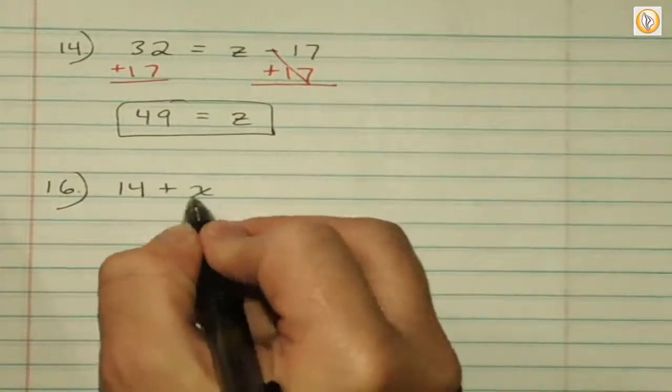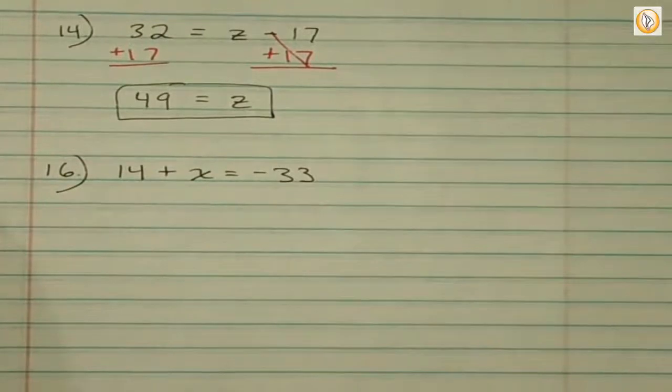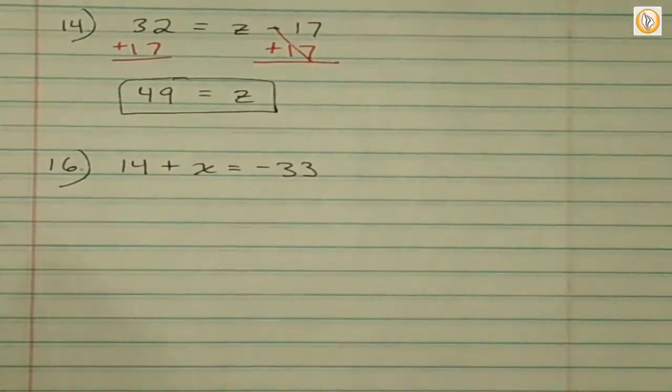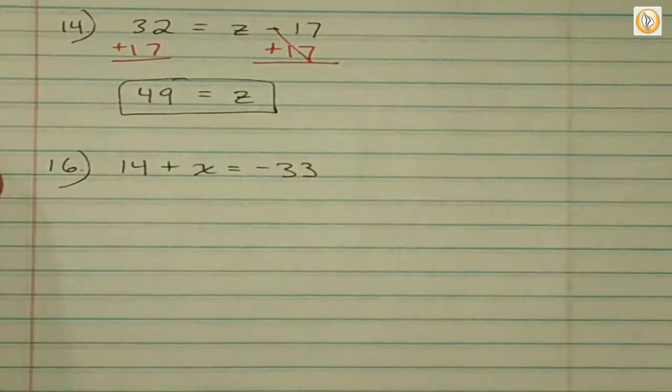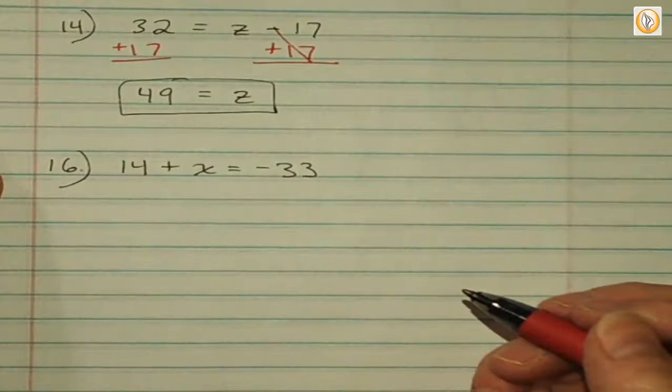Okay, 16. Italia. 14 plus x equals negative 33. What do I do? This is a tricky one that gets my Algebra 1 students. So who are you?